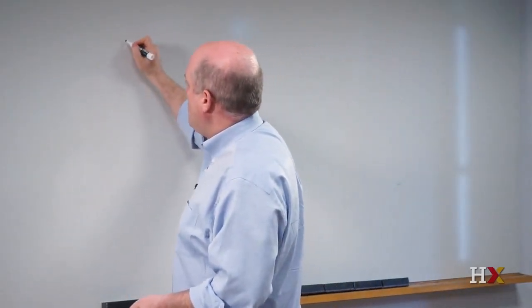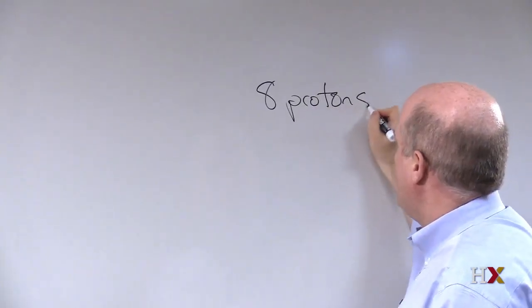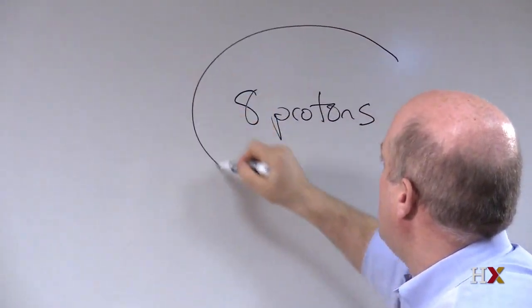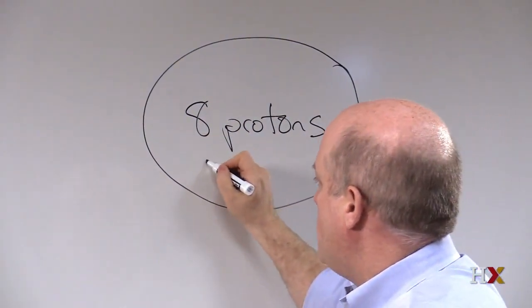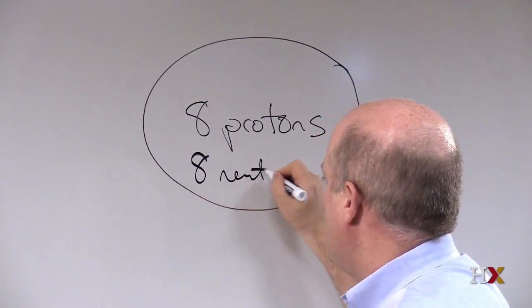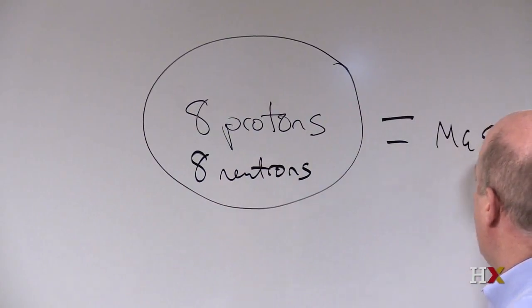Now, as we know, all oxygen has 8 protons in the nucleus. And in general, most oxygen also has 8 neutrons, and that is a mass of 16.